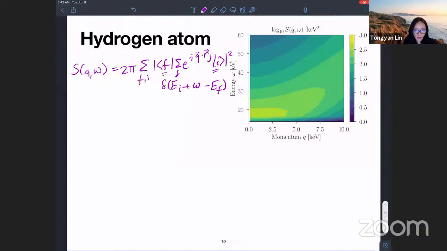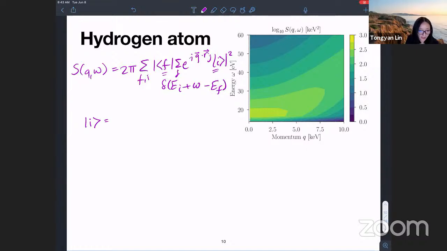But as a warm-up, we can simplify things with the hydrogen atom. The hydrogen atom is simple: we just have 1 electron, and we'll take separate hydrogen atoms as our target.